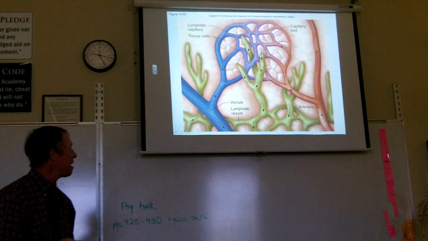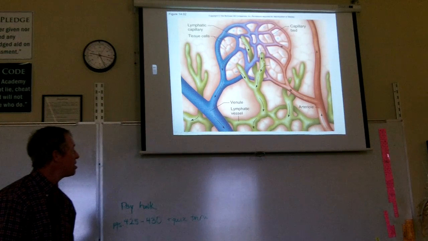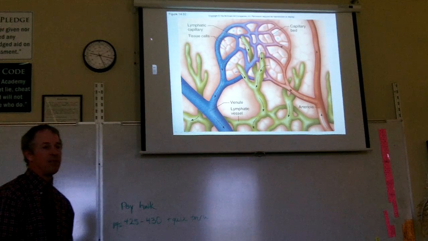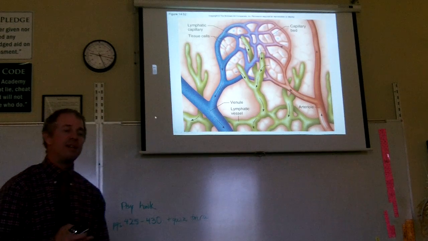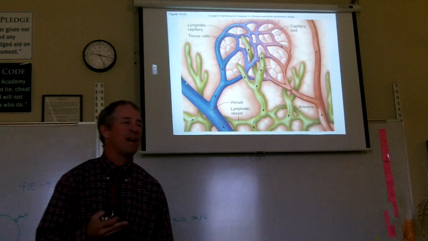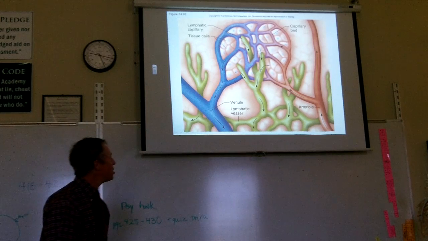And anything that was bad that's inside the cells will leak out of the cell at some point and be pulled into a lymphatic capillary. This includes waste products. This includes viruses that maybe have infected the cells or bacteria that have infected the cells. And all of that gets washed into these lymph vessels.